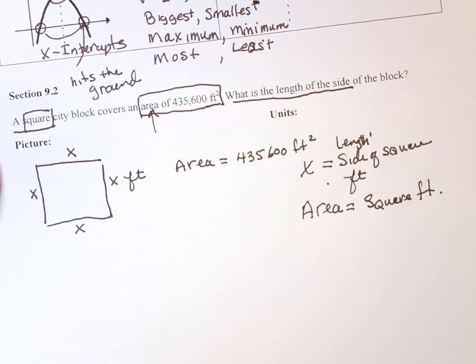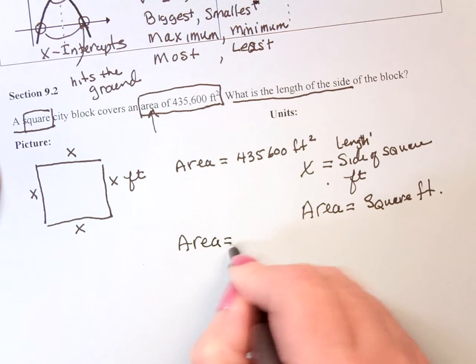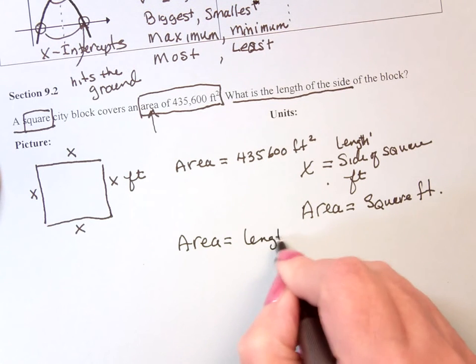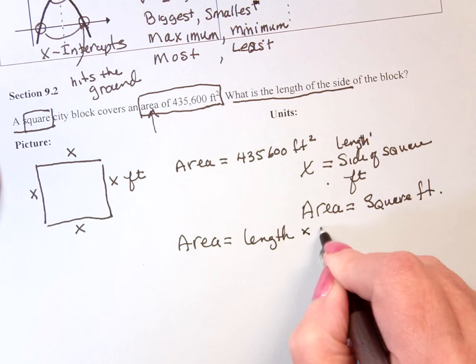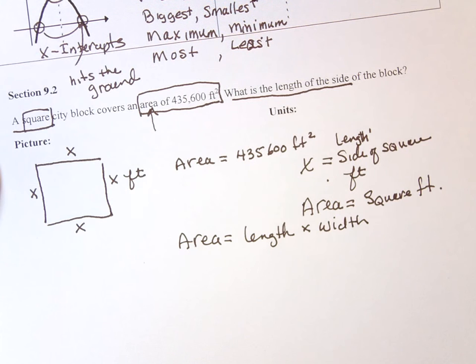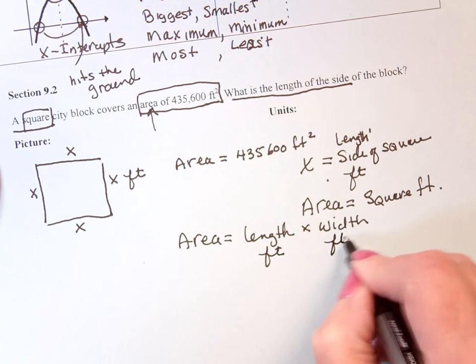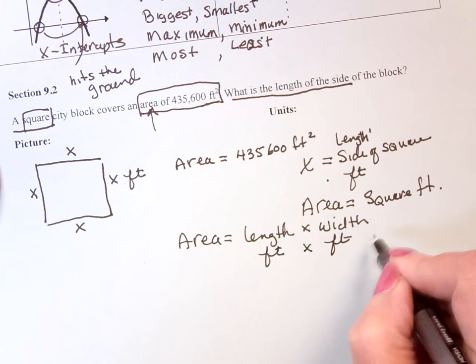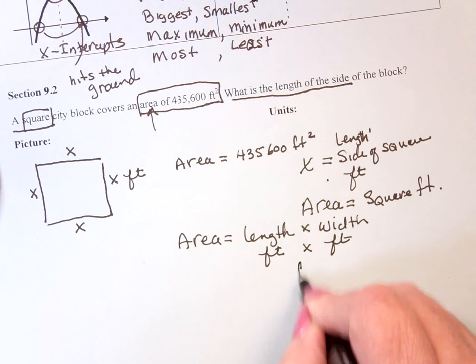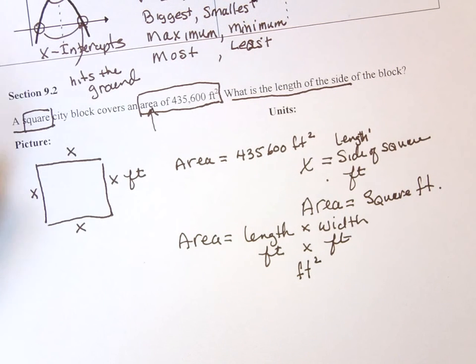And you're going to say, why? Well, area equals length, regardless, multiplied times width. So if the length is in feet and the width is in feet, then feet times feet happens to be what? Feet squared. That's why area is in feet squared, and then the length of the side is in feet. So area is length times width.